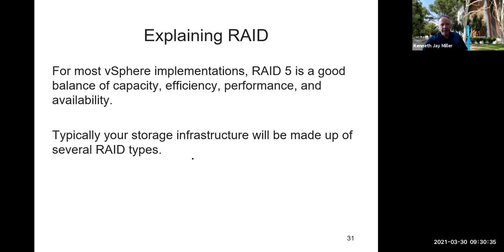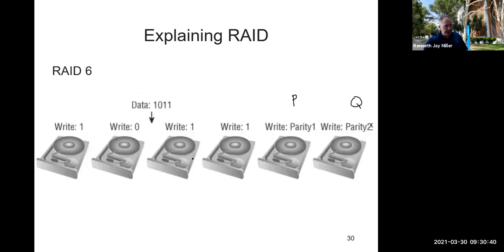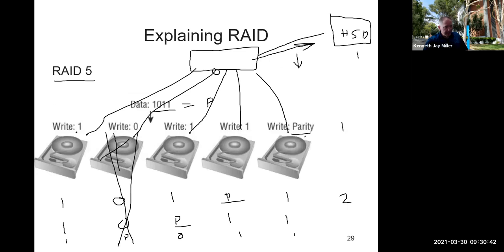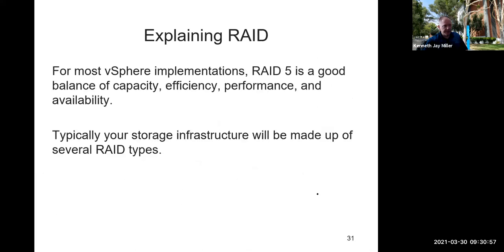Some of them we may just need striping. And RAID 5 has striping, right? This data here is striped, and then the parity is striped as well. And then it just moves it to the different disks. So we do get the benefit of the striping. And then because of parity, we have the redundancy, okay? Without having to double our hard drive space like we would with RAID 1.